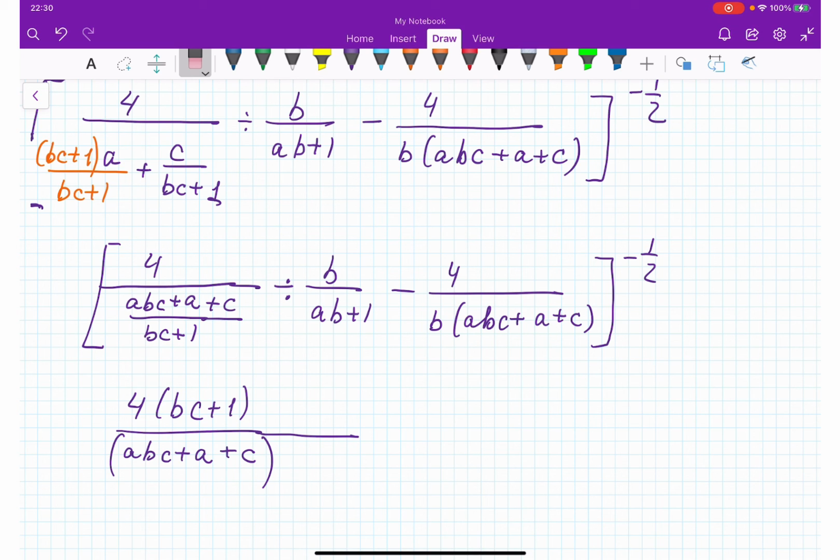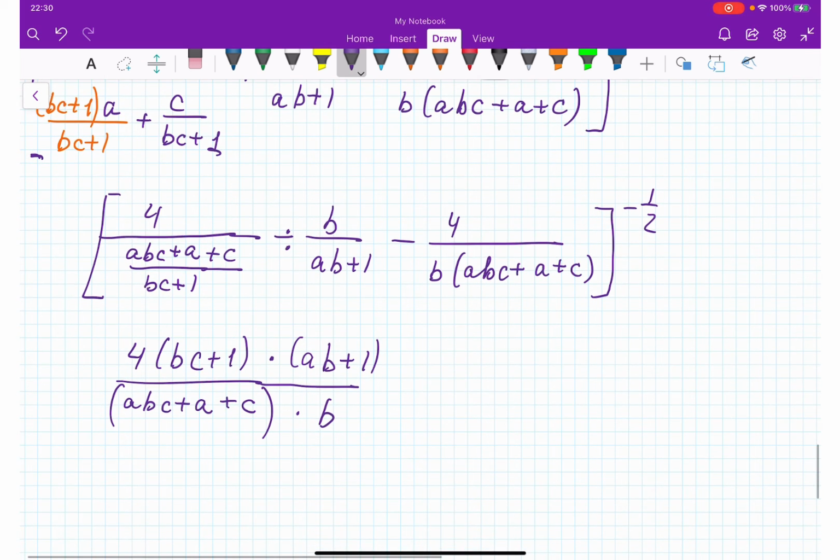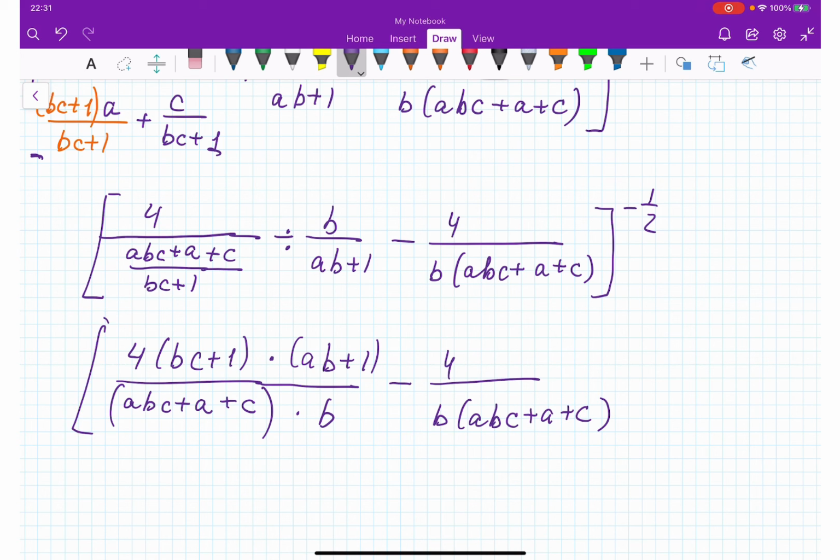AB plus 1 comes to the numerator and divided by B, it stays in the denominator, and minus 4 over B times ABC plus A plus C, and all this to power negative 1 half.